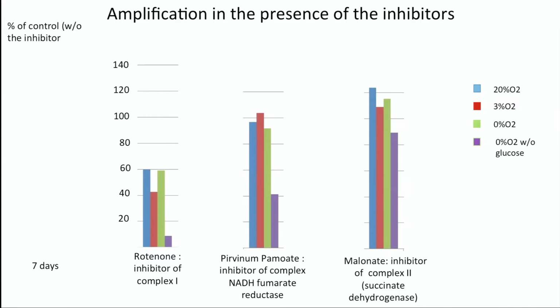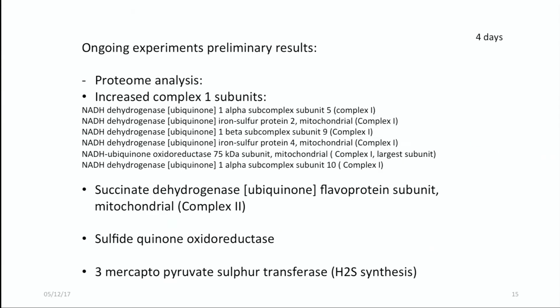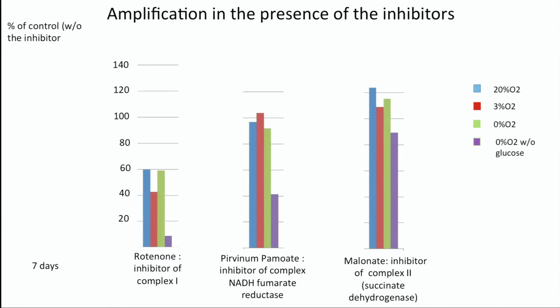We tried to block also the complex 2 that we assumed can contribute to the anaerobic mitochondrial respiration, which is the most ancient way of mitochondrial respiration. And then we used an agent blocking fumarate reductase, and then we get also an important reduction.